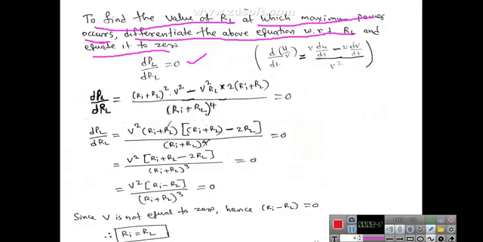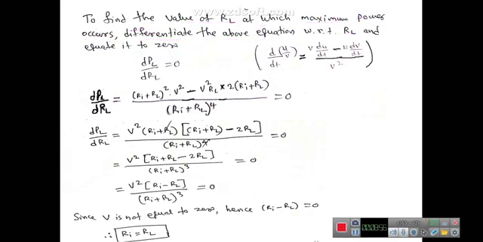So you differentiate that equation. You make use of equation number 1 and differentiate dPL by dRL using the formula for d by dx of u by v. If you differentiate that, you will get this equation.